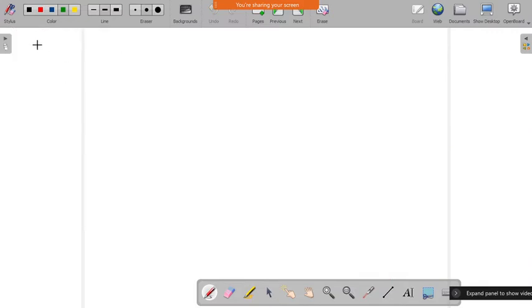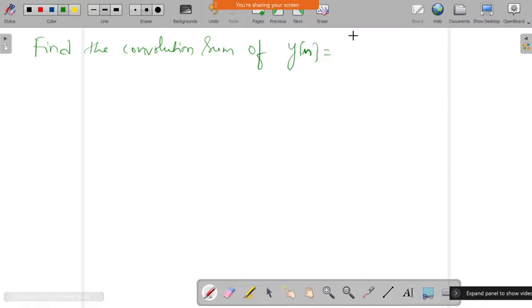Okay, so now find the convolution sum of y of n, which is equal to u of n convolved with u of n minus 3.